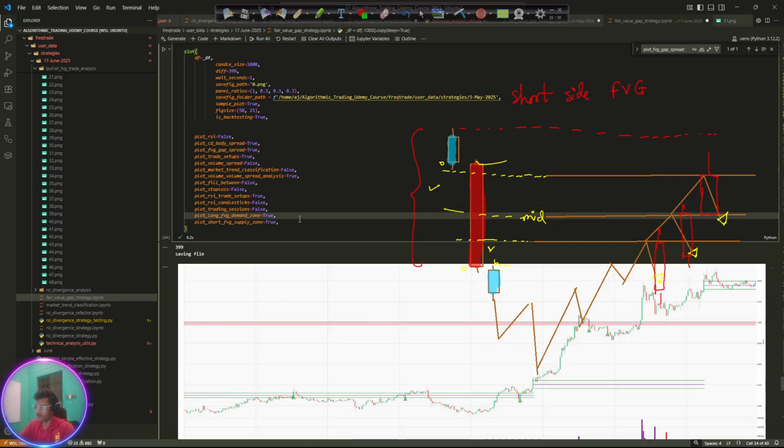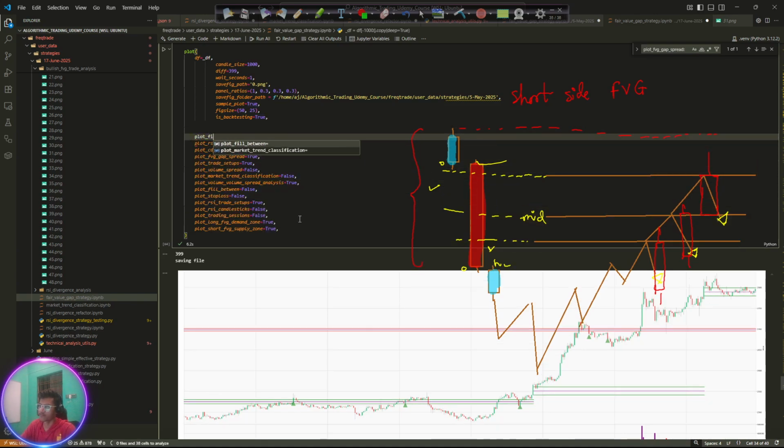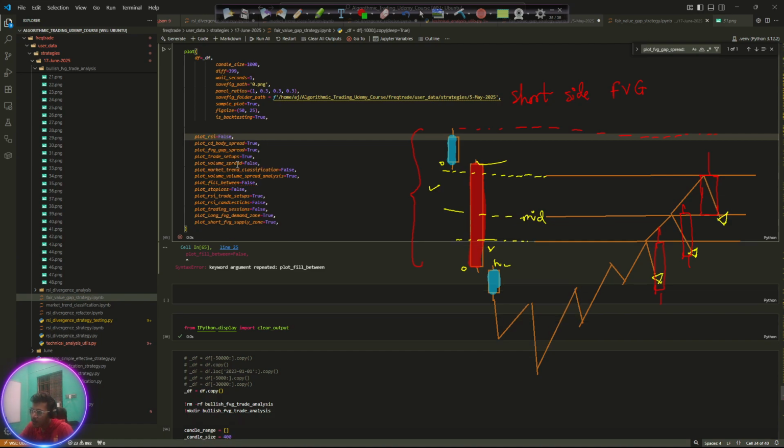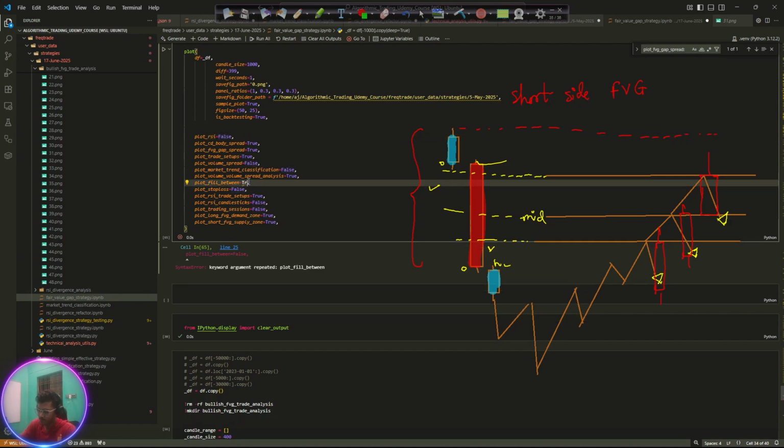It's not doing plot fill between, so I'm going to do plot fill between two.